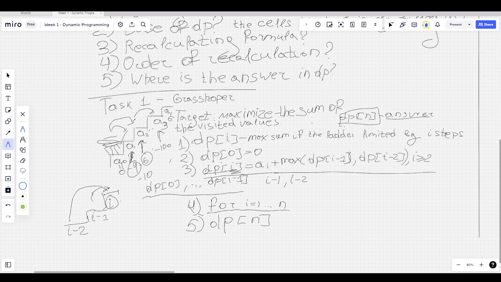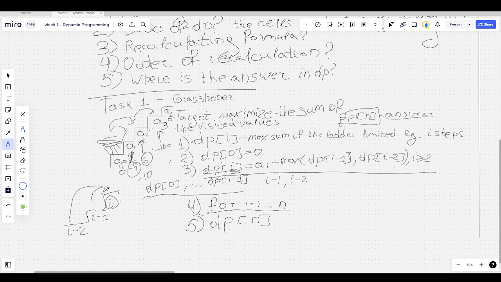Okay, this task can be solved by a different approach. It can be solved greedily. And what does greedy mean? A greedy algorithm is an approach for solving a problem by selecting the best option available at the moment.